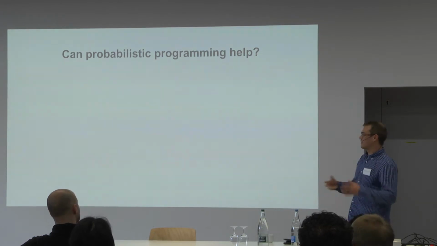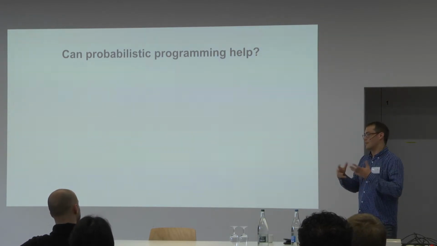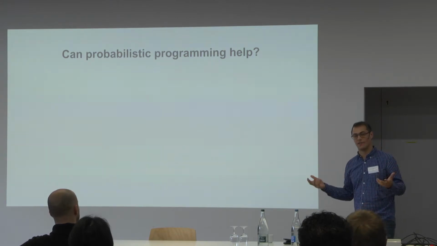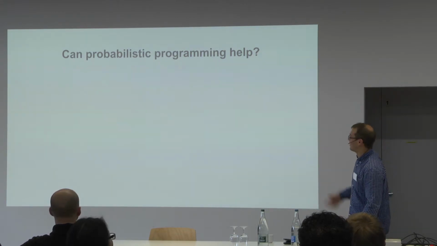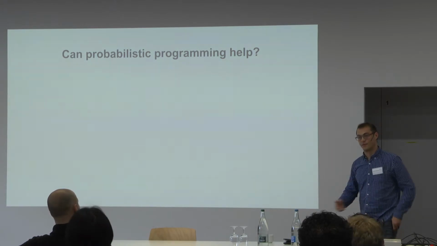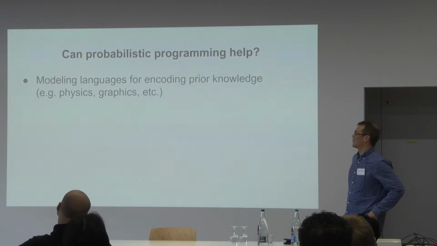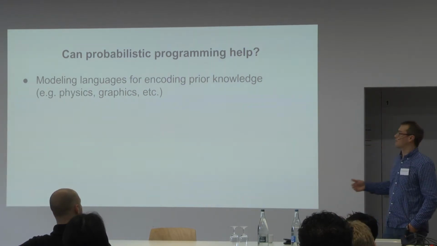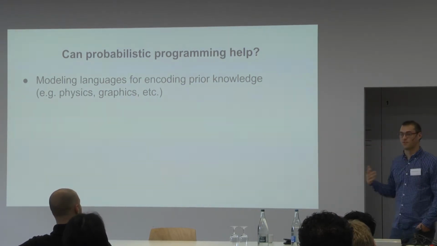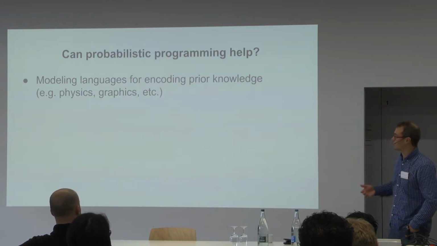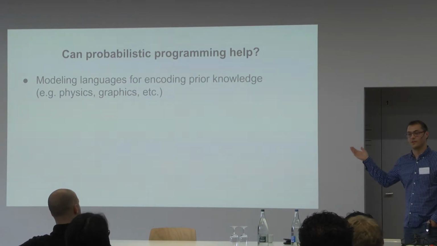So this is an entire set of modeling approach where we want to combine both prior knowledge as well as accurate uncertainty quantification. And it seems like probabilistic programming could be a good fit for this, because the probabilistic programming paradigm involves writing models which express your prior knowledge in modeling languages. And these languages are expressive enough to encode lots of the types of knowledge that I was describing.